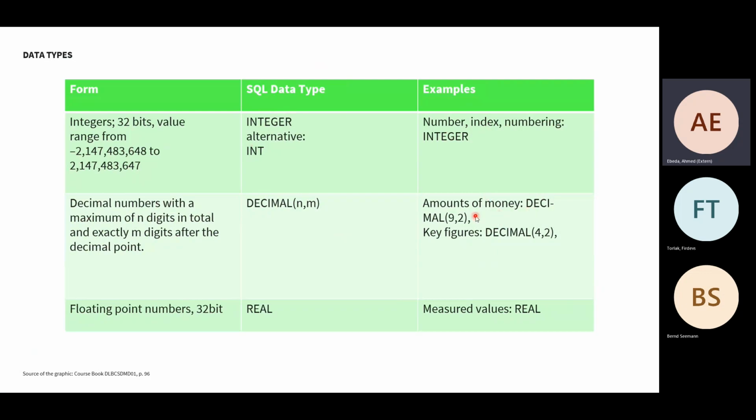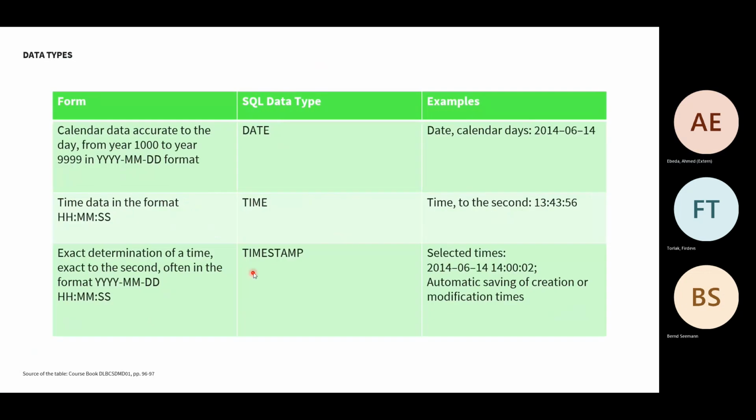If the data you are entering is an amount of money, you can select the data type decimal. For floating point numbers, you can use the SQL data type real, which is a measured value for floating point numbers.